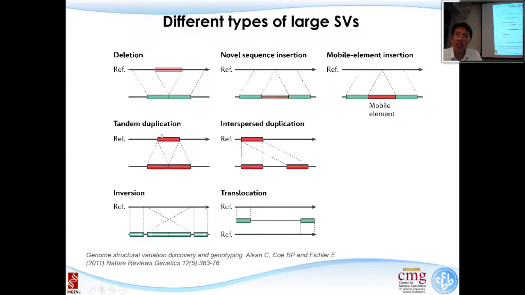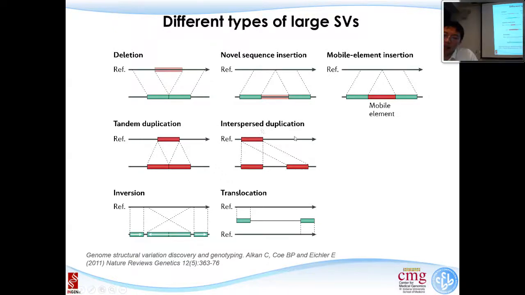You can see this is one part of a larger stretch of DNA sequence that is duplicated multiple times in specific locations, so they are connected together. And if this duplication occurs in different locations, inserting different parts of the genome, this is called interspersed duplication.